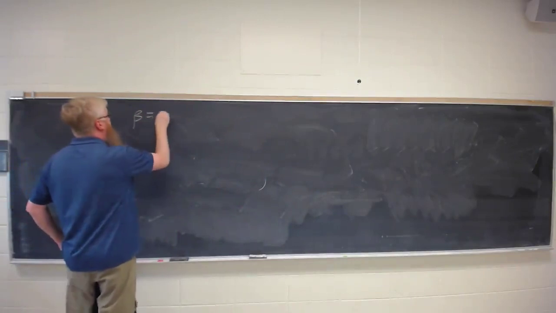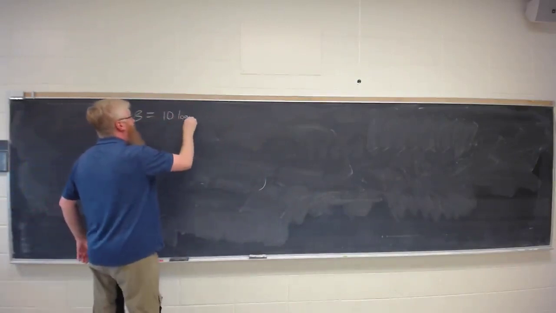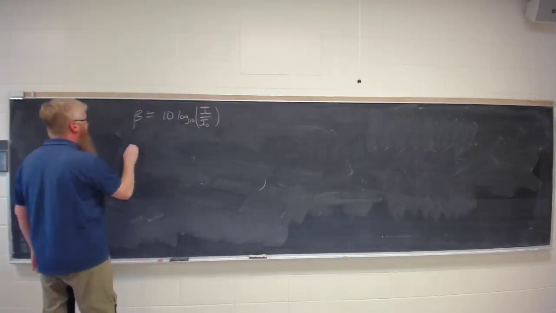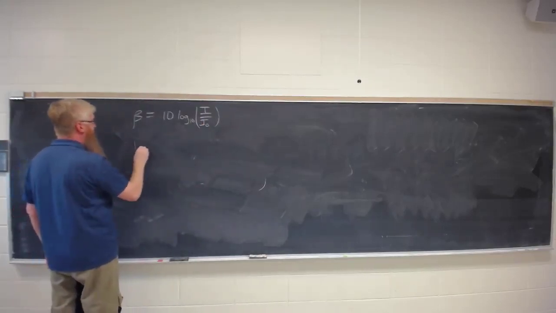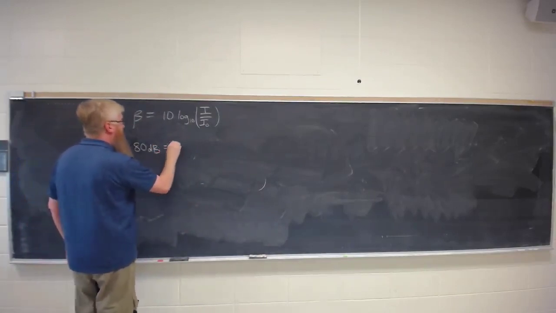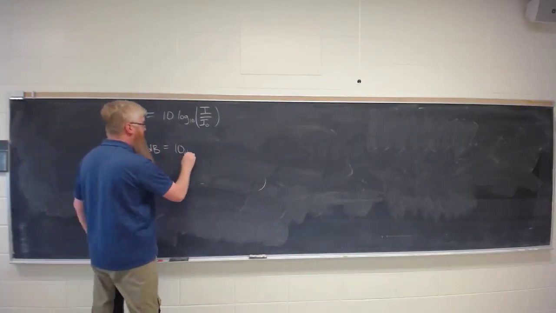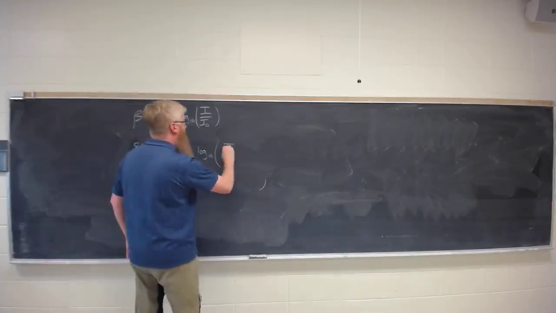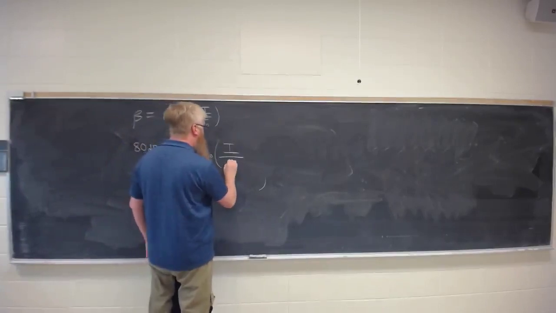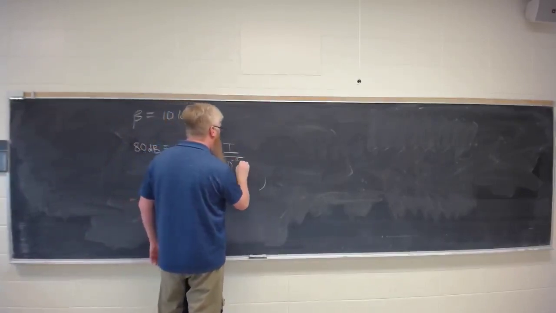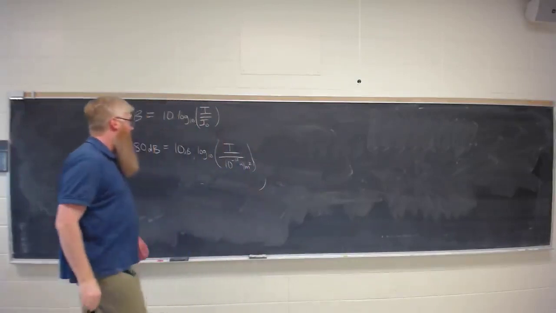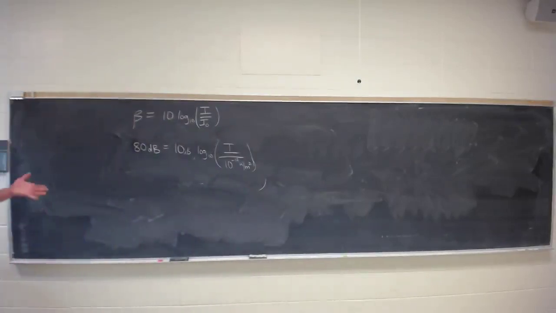So it's 10 log 10 of I over I naught. The lecture is 80 decibels. So it's 10 decibels, technically, times log 10 of I over this reference intensity, which is 10 to the minus 12 watts per meter squared. Okay, everyone happy with this?